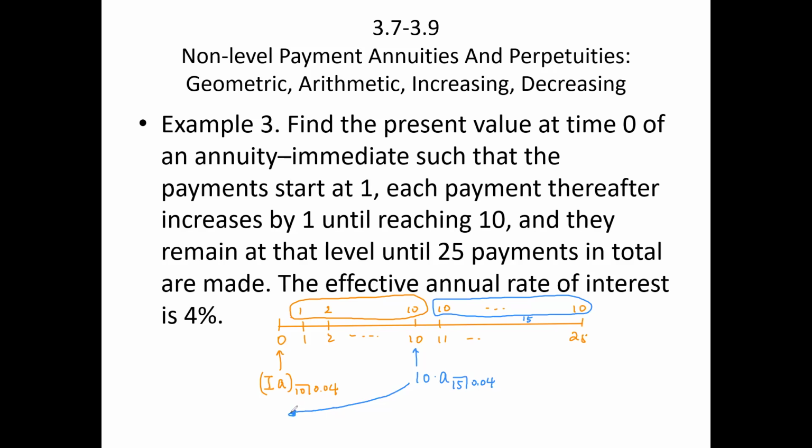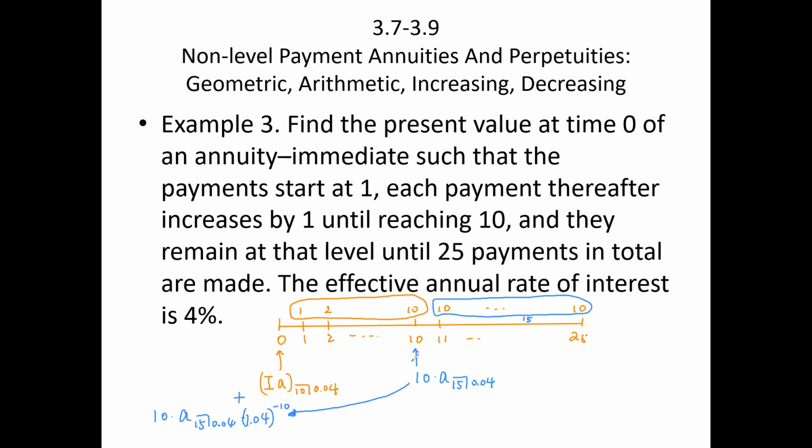It will be 10 times a sub 15 angle 0.04 times 1.04 to the negative 10. And then you add them up.